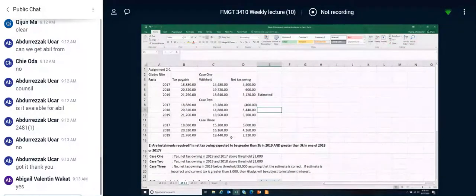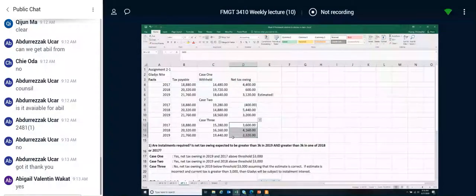So let's just go through this. For each case, what you need to do is first say, here's the tax payable based on what was given. Now we have to apply the payroll withholdings. Then you say to yourself, what is the net tax owing each year?